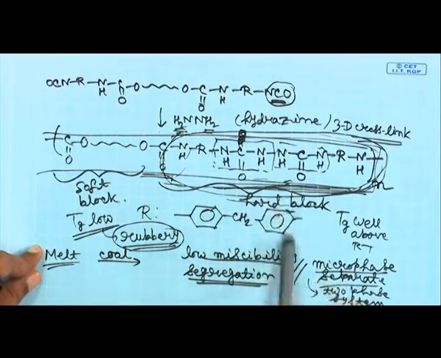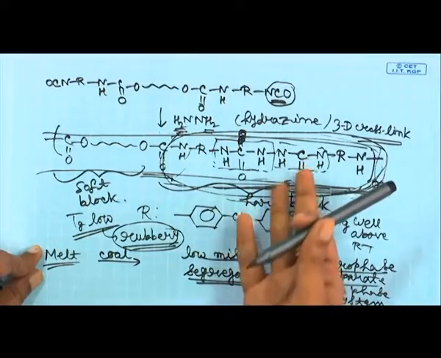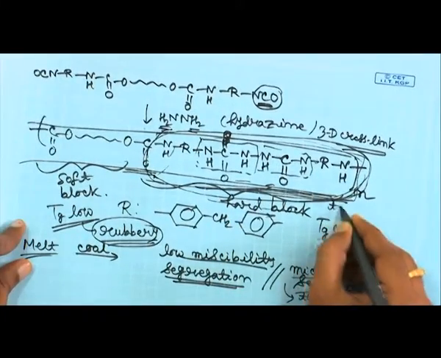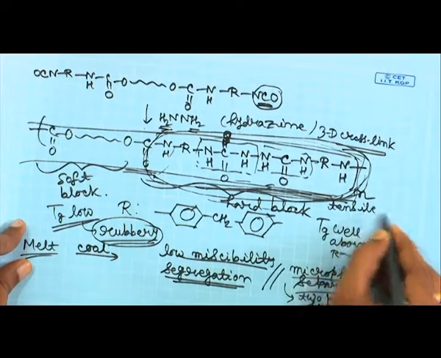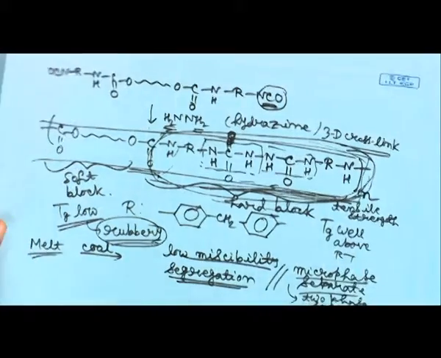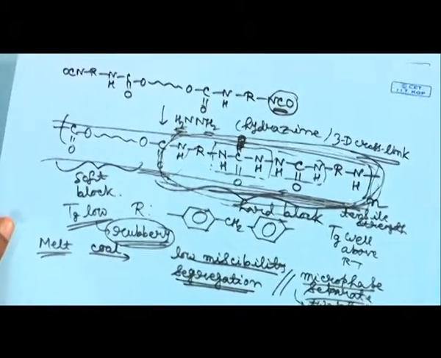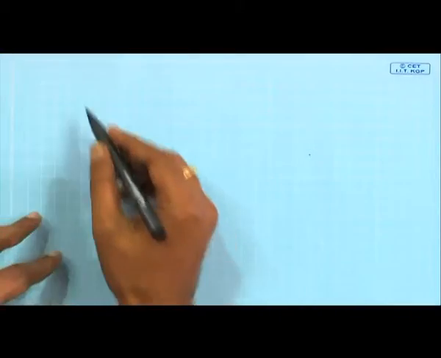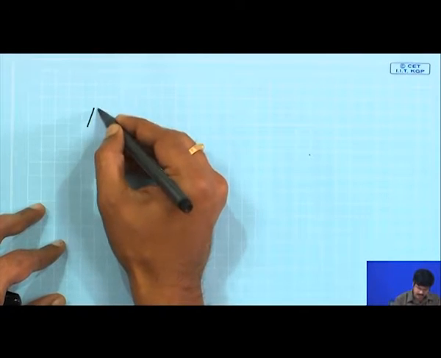Cross-linking is because of the hydrogen bonding interactions, all right. And the domains formed by the hard segments will be responsible for the tensile strength of the material and for the stiffness of the material, all right. So, if you look at the situation a little bit more closely, what will happen when you cool the system down? So, you have these kind of domains that will appear.